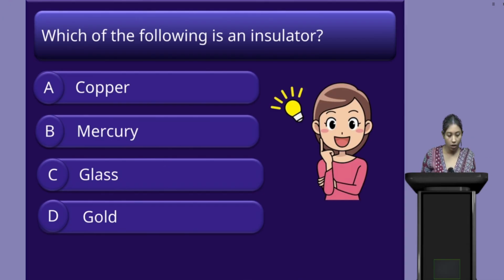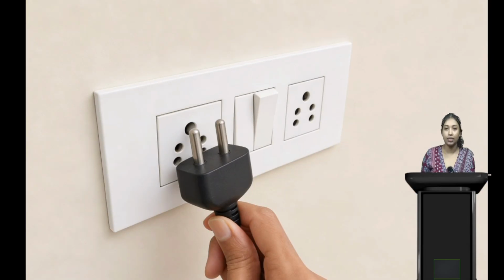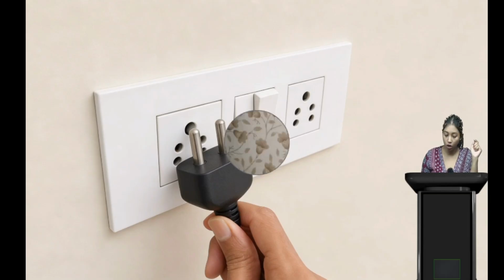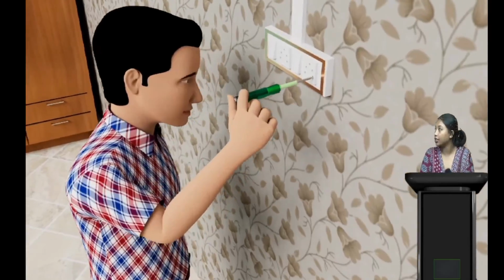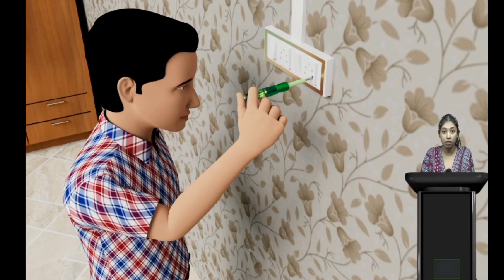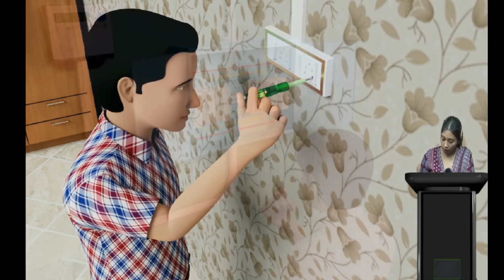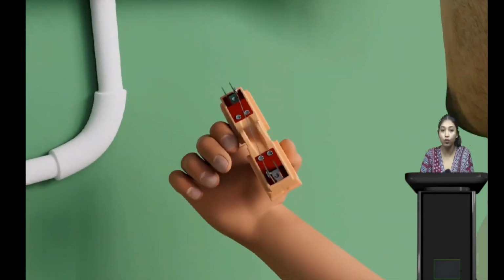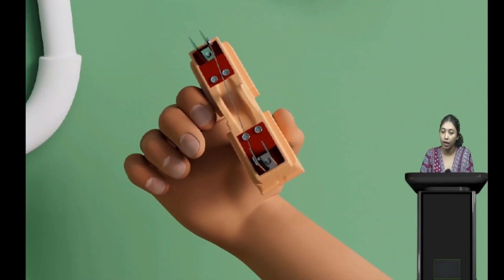Now it's a plug and a socket, right? Now we can see an electrician with a screwdriver with the electrical tester. He is testing whether the current is there in the socket or not. After that, this is what we have in our house, this is called a fuse.